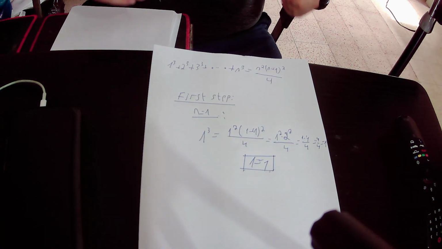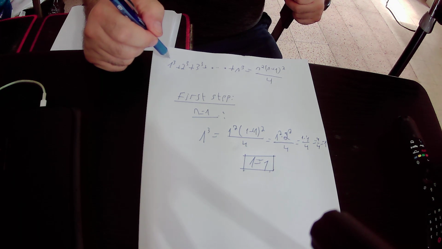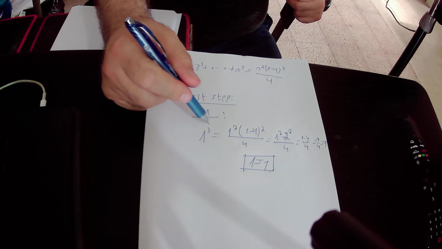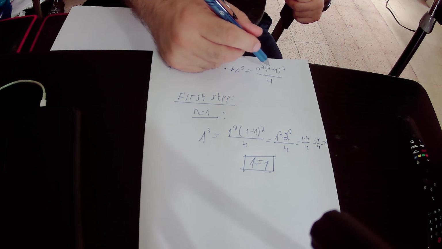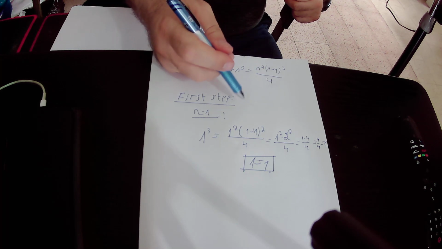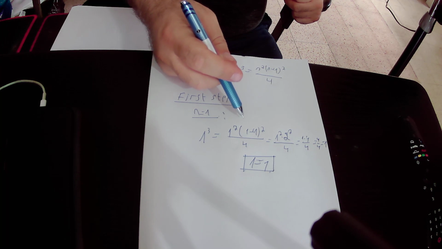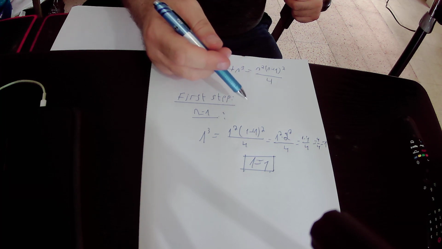Because when n equals 1, on the left side of the equation we have only 1 to the power of 3, which is 1. On the right side, n squared times (n plus 1) squared all divided by 4, with n equal to 1, is 1 squared times (1 plus 1) squared all divided by 4.